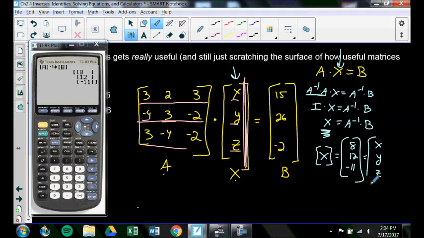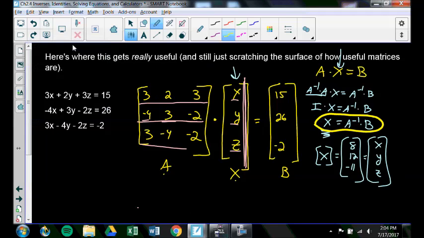We just solved a 3 by 3 system with our calculator. And that didn't feel much faster because I was talking through everything in pretty good detail. Now, if we can just remember this little ditty, that x equals A inverse times B, we can solve any system of equations, 2 by 2, 3 by 3, 10 by 10, whatever we want.